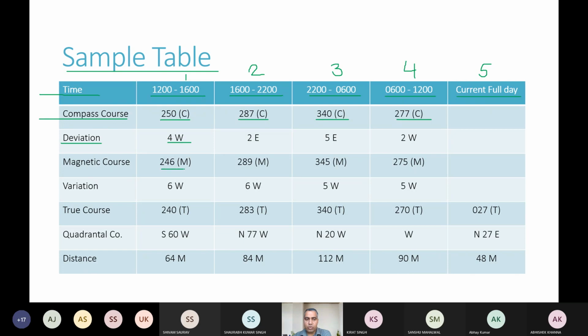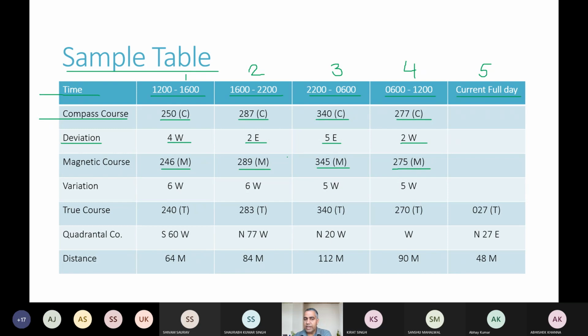So we get magnetic course 246. Here it is 2 degrees east, error east, compass least. So we add it and we get the magnetic course as 289. Deviation east, compass least. So 340 plus 5 gives us the magnetic course as 345. Again, you have deviation west, compass best, and we get the magnetic course as 275.